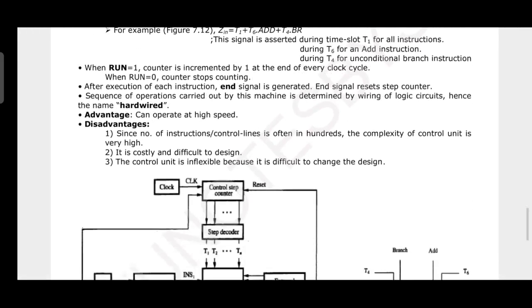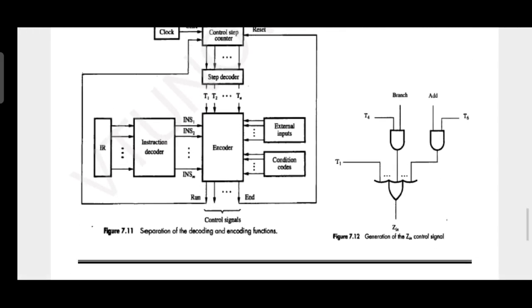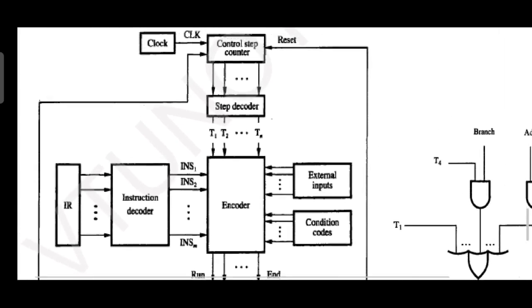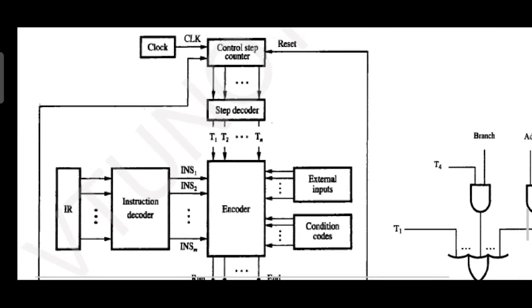Hardwired control has a block diagram. Again we have to study this block diagram. It follows synchronous operation. Synchronous in the sense that, as and when needed, a particular control signal should be generated, right? So there is a clock.